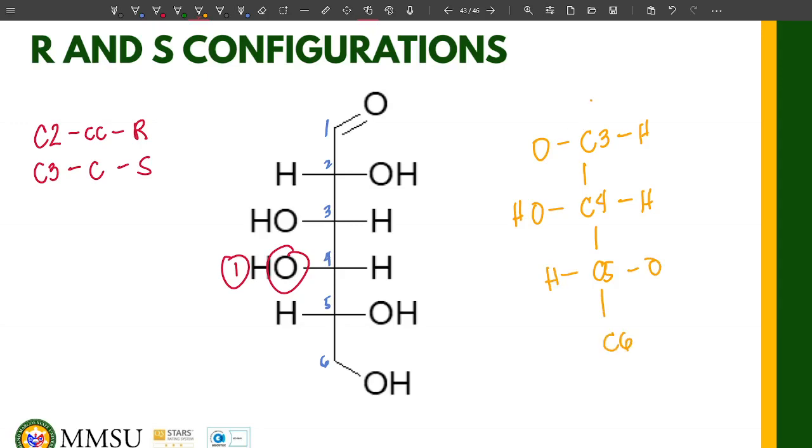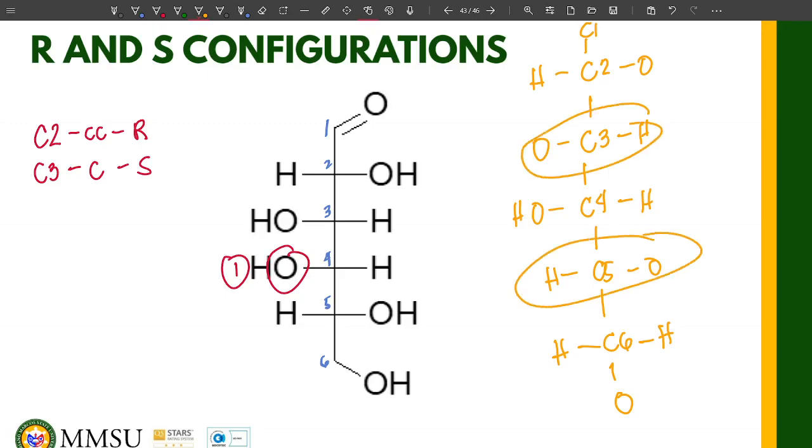So we proceed with the next one. Carbon 6, carbon 2, oxygen, and hydrogen. Si carbon 6, that is a CH2OH. So H, H. So, dito carbon 1. Dito carbon ay oxygen. Ayan. Asa na tayo? Ayan. So, pareho si carbon 3 and si carbon 5. So, doon tayo sa next. Si carbon 2 versus carbon 6, kumbaga.